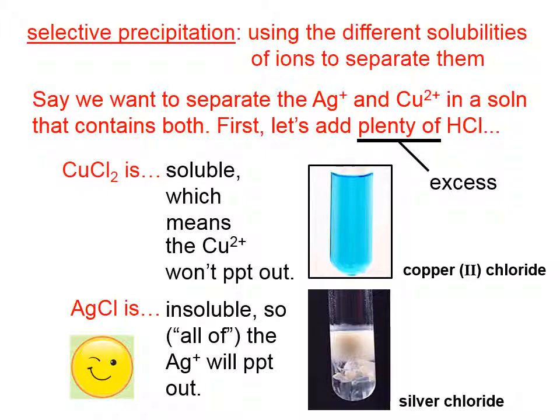And of course, when we say all of the silver ion, we say that in quotes and we wink as we say it, because not quite all of the silver ion will precipitate out, but the vast majority of it. And sure enough, you can see on the right here that silver chloride does in fact form a precipitate.